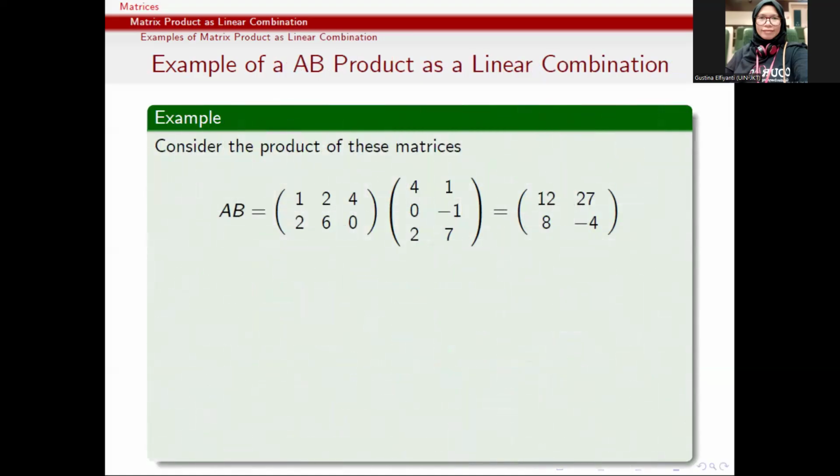Now we see the product AB where both A and B are matrices. Let's say we have A like this and B like this.